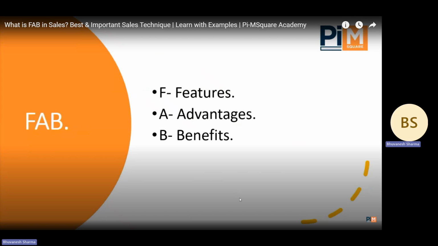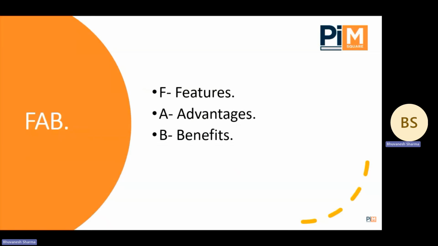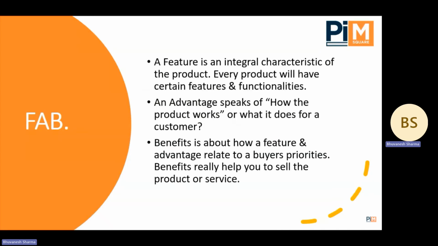So what is the need for the customer to buy your product? Is it the features, or is it something else that the customer will look into? We'll be discussing it with some examples.